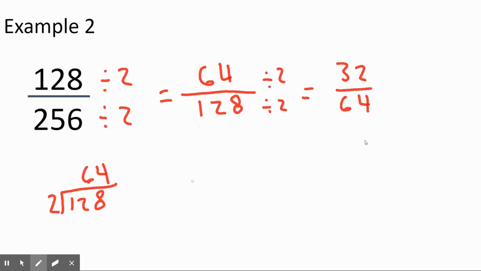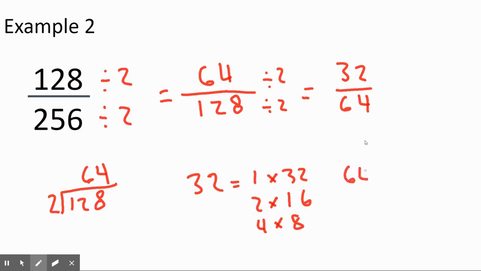Now at this point, I actually do know some numbers that we could use. If we list out all of the factors of 32, we could have 1 and 32, of course. We could have 2 and 16. We could have 4 and 8. And, well, that's actually it. If we do the same thing for 64, there are going to be a few more factors, but the one that we really care about in this case is 8 times 8.